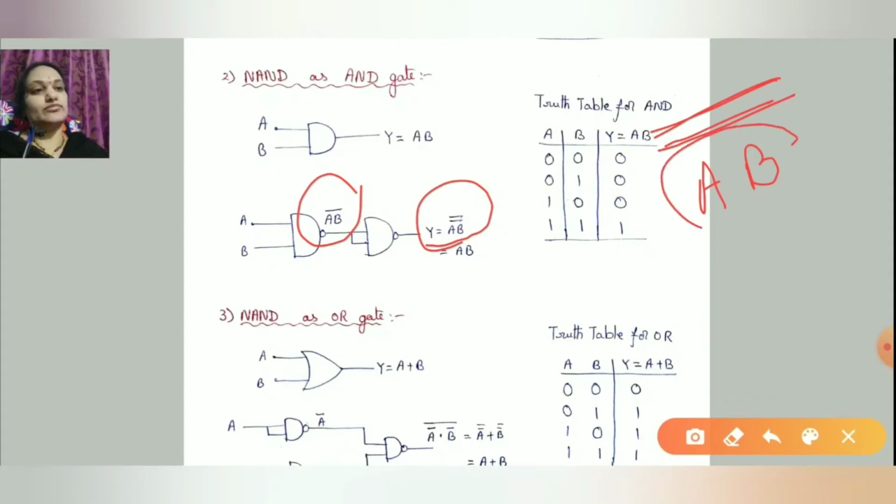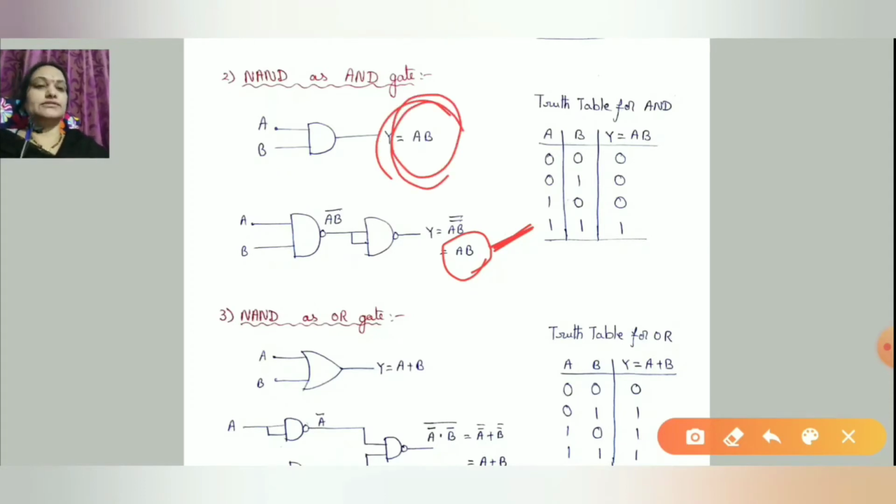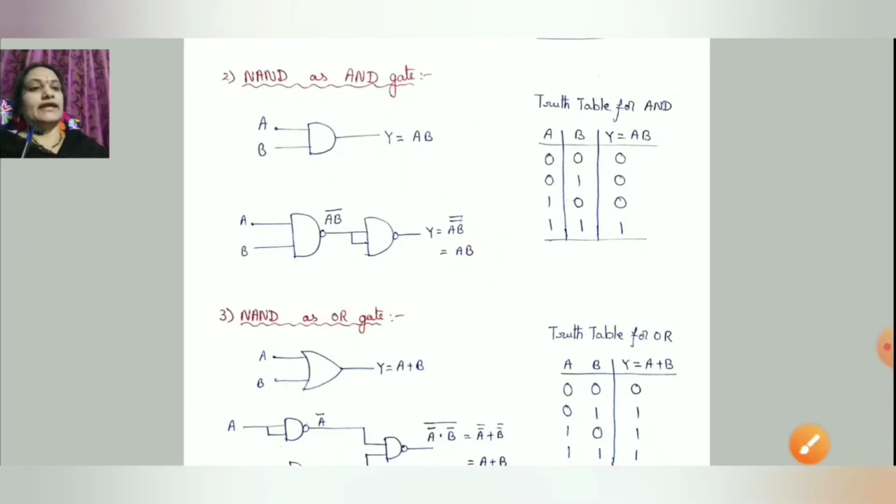So here AB is the product. Double complement means you can cancel both the complements. That is why you get AB, the product of two inputs. So the function of the whole circuit behaves like the function of an AND gate. That's why the NAND gate acted as an AND gate.